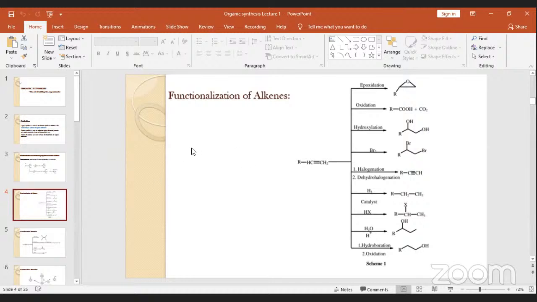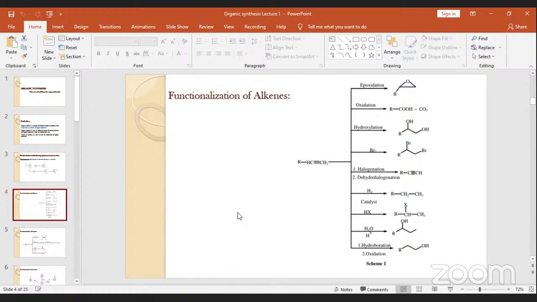And you can add hydrogen halides to alkenes to prepare haloderivatives. Here, the Markovnikov rule and anti-Markovnikov rule, which you have already studied, will be useful to you to know the type of halo compound you are going to get, whatever starting material you take. Okay, and next, hydration. Hydration also follows the Markovnikov rule, and it will give you the hydroxy compounds; this addition of water follows the Markovnikov rule.